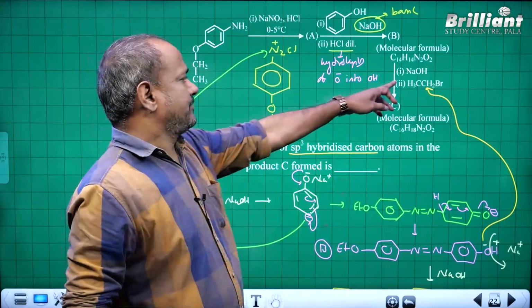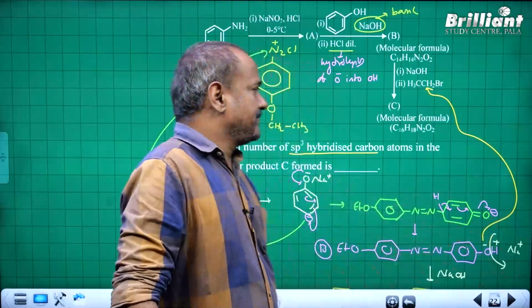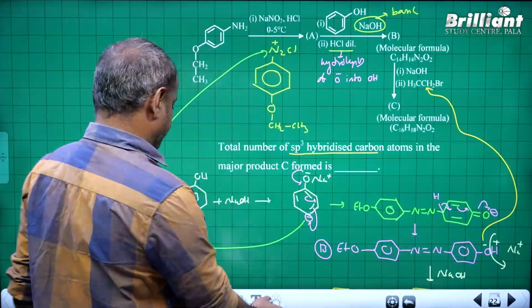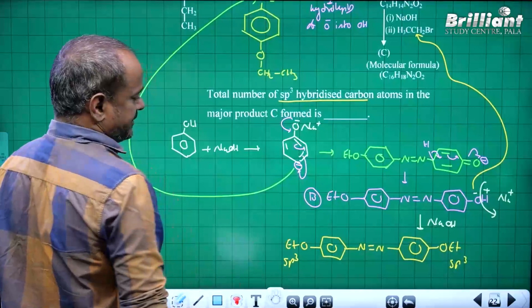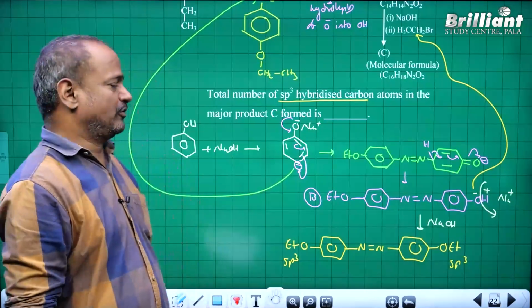Next step again NaOH, phenol becomes phenoxide. Phenoxide reacts with ethyl bromide to form OEt. So sp3 is ethyl only, 2 plus 2, 4 C.